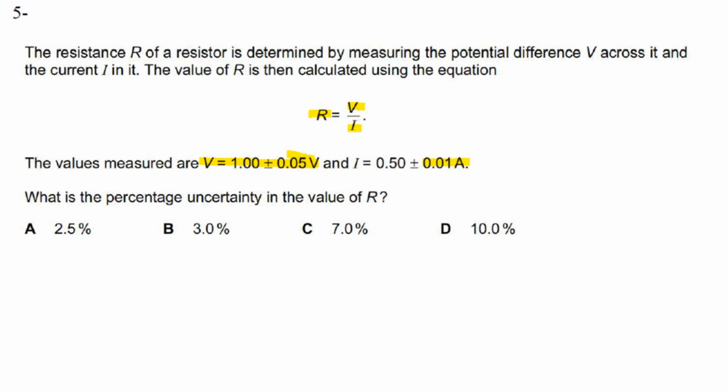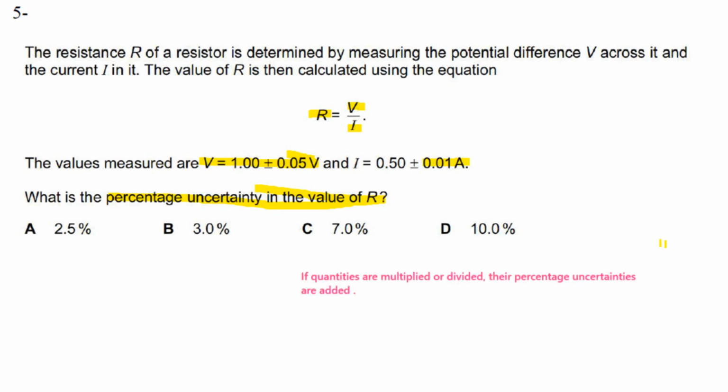Now the question is how we can find the percentage uncertainty in the value of R, the value of resistance. The main concept we need to understand is that when quantities are multiplied or divided, we need to add the percentage uncertainties.